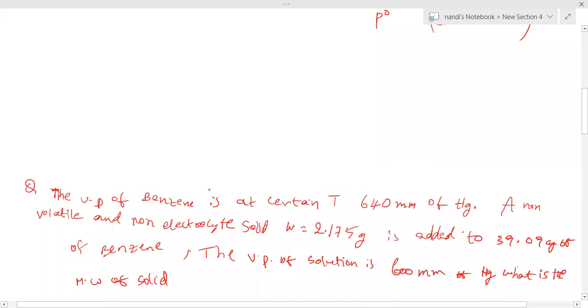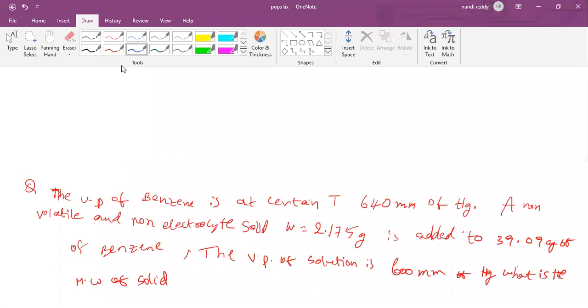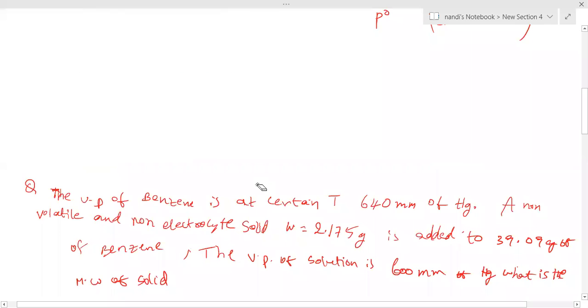The vapor pressure of benzene at a certain temperature is 640 mm of Hg.